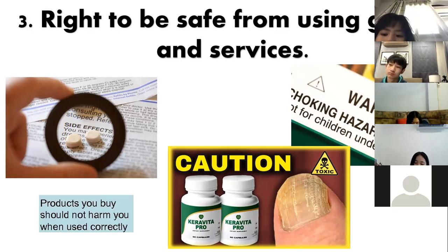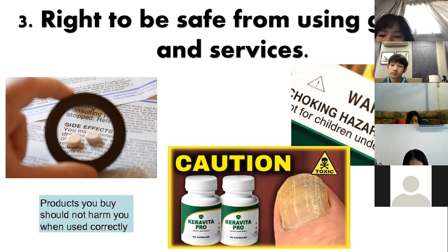Can you give me an example for this one, Haruka? Right to be safe from using goods and services. I buy a snack from one shop, and when I eat it, I have a fever, so I can tell the police about the shop.